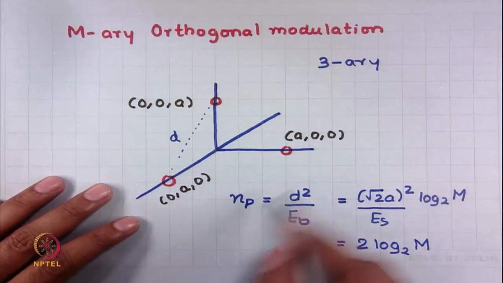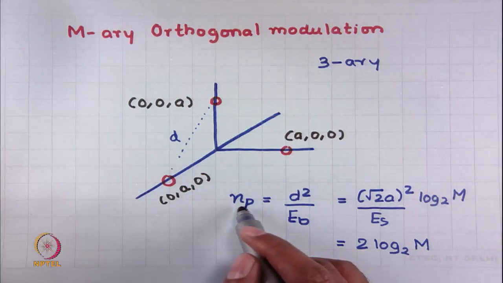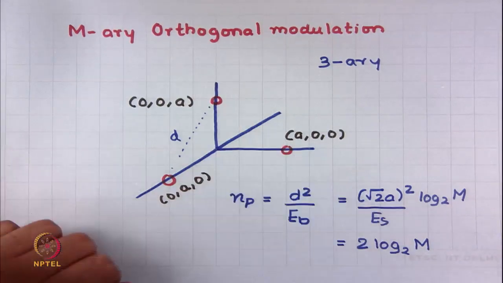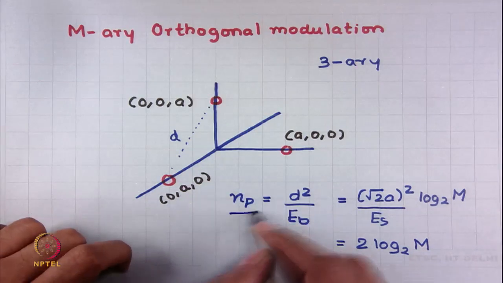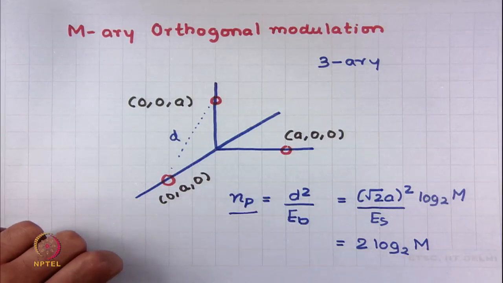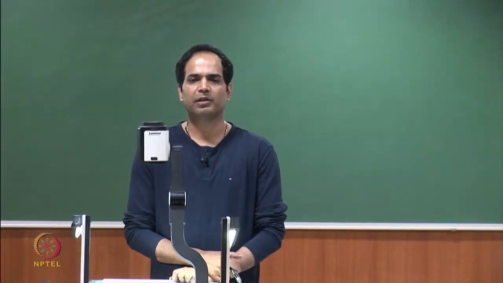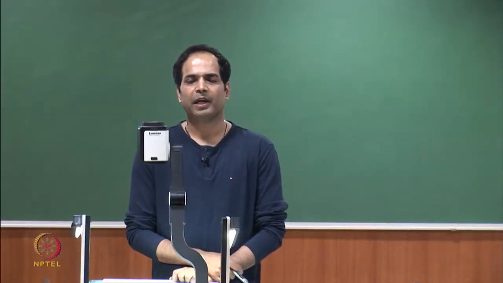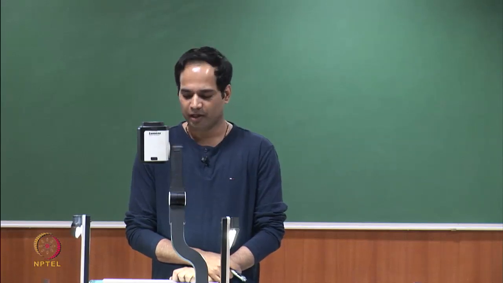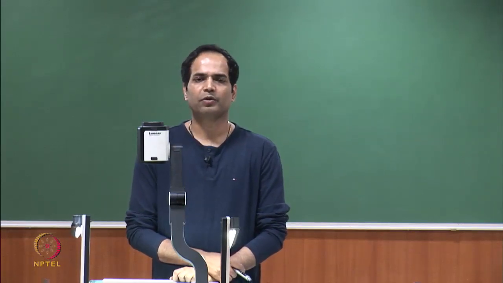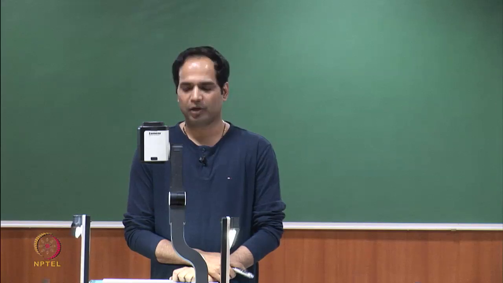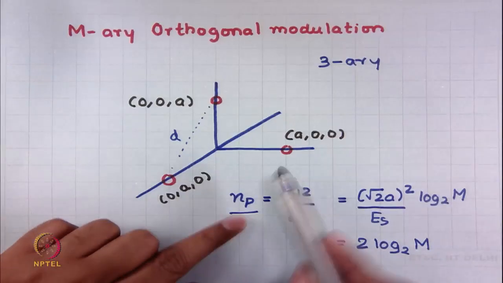The first thing that we want to define when we are talking about these modulation schemes is the power efficiency. We started looking into the power efficiency of various modulation schemes like QAM, PSK and PAM in the last lecture, and today we will be looking into the power efficiency of orthogonal modulation schemes. So, what is power efficiency?